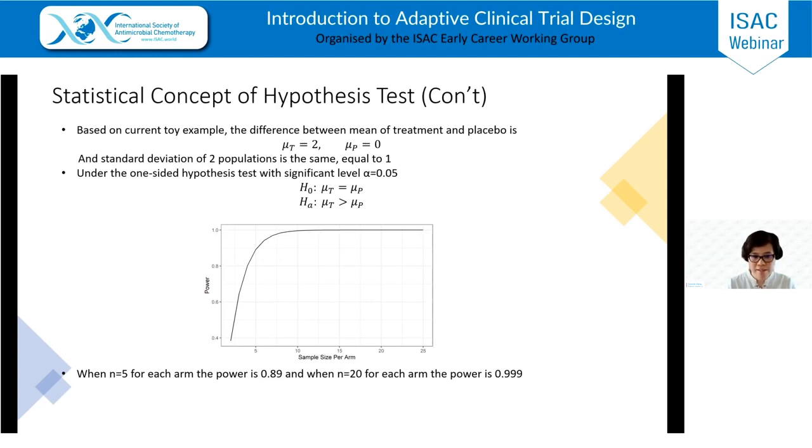When sample size equals 20, the power is very high. So you can probably tell I picked this simulation and made sure it gives me these results, right? So basically we made a wrong decision where we're really falling into that 10% there. Okay, so this is the whole hypothesis testing idea.